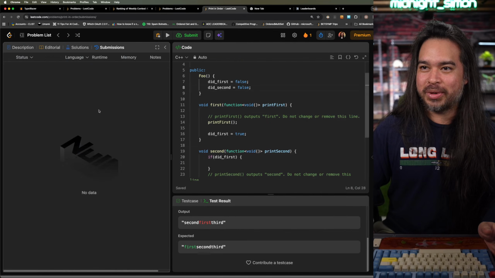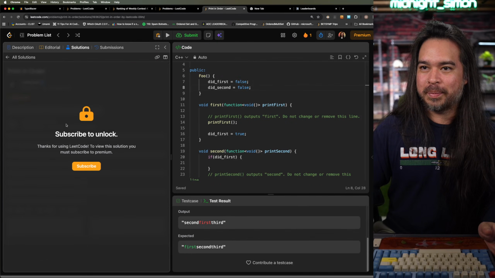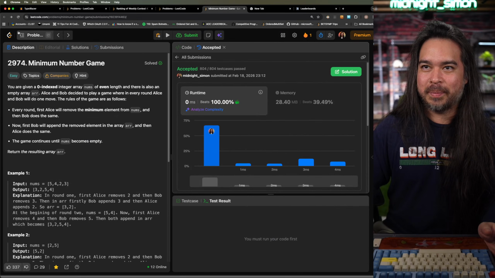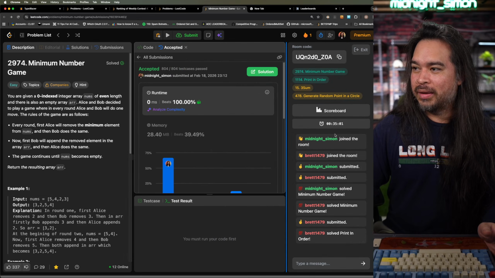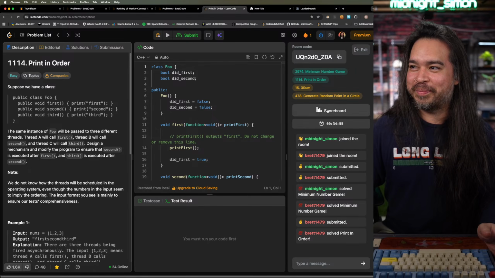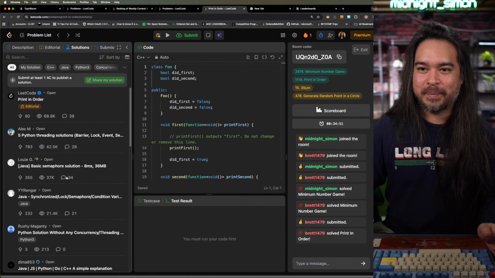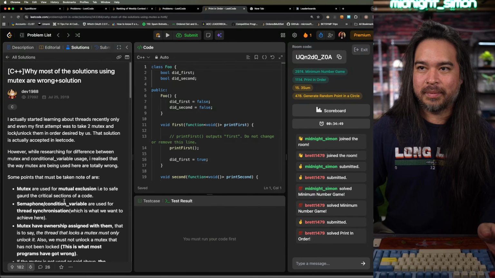I don't know what I just pressed. Print in order. Subscribe, yeah, right. Oh, let me look at Brett's, but Brett probably did it in Python or something. I don't know Python like that. Why most of the solution using mutex are wrong.